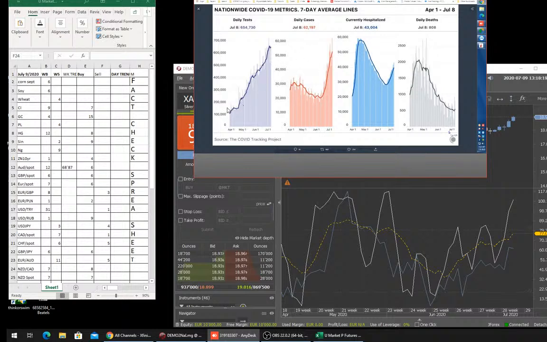Now what's more interesting is here is the daily test record, which is really cool. Something we rarely see, this type of data put out by the media. You can see that over the same time period, they've gone from 400,000 to 600,000 tests a day, which is a big jump, all right?